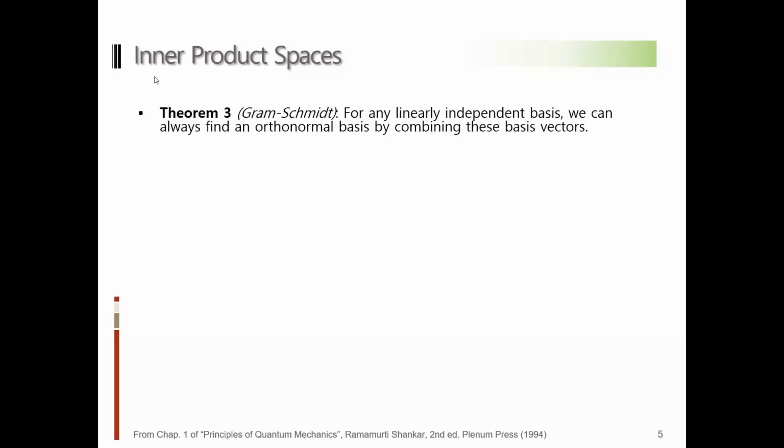Now, because we defined the concept of the orthonormal basis, we can talk about the Gram-Schmidt theorem. I'm sure that all of you learned about the Gram-Schmidt theorem when you learned linear algebra. What it says is that even if you start with some bases which are not necessarily orthonormal initially, you can always find an orthonormal basis out of the non-orthonormal basis.